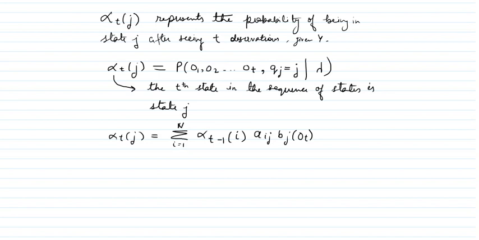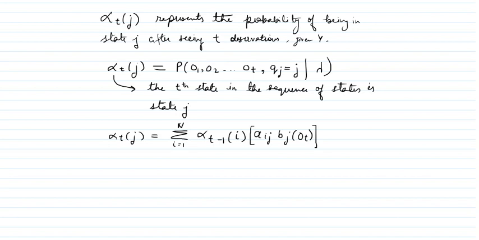So a_ij b_j(o_t) is actually the combined probability. This is actually referring to the probability of up to observation O_t, right? Up to observation O_t on state j. So a_ij, we all know, is the transition probability, and b_j(o_t) is the observation likelihood, right?